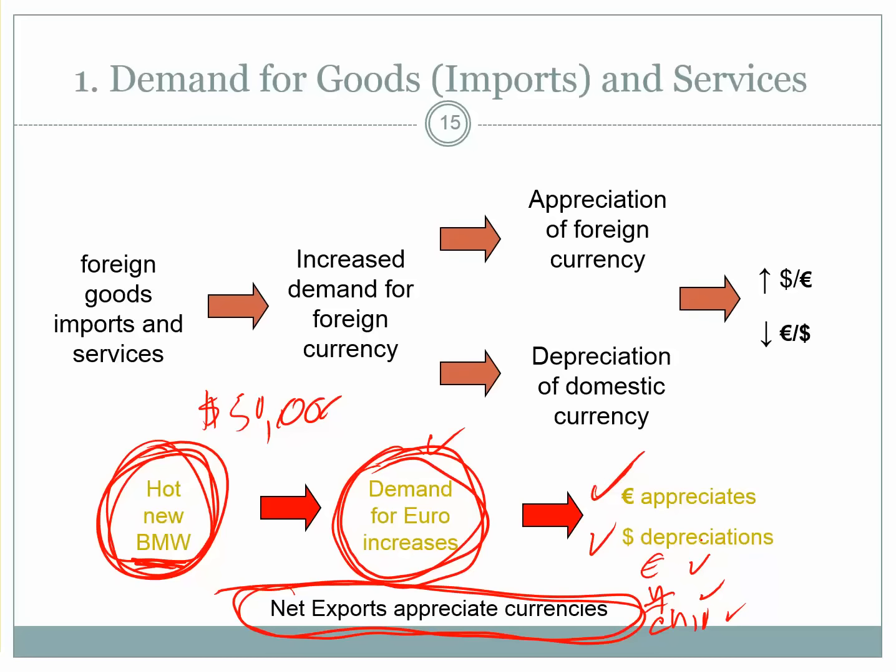Now, the European Union is a little bit tougher, but before the European Union, the Deutschmark was a very strong currency because they're an exporting machine, and people wanted their goods. It means they had to buy their currency. So countries that have high positive net exports will tend to be appreciating strong currencies.